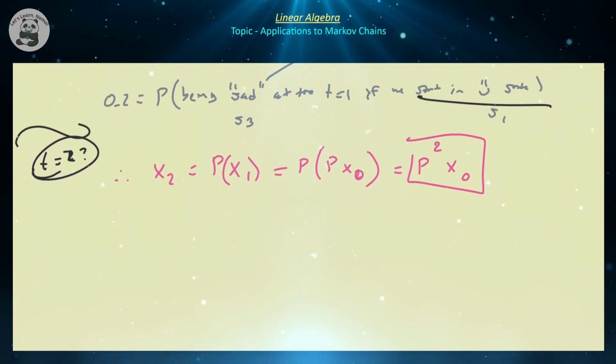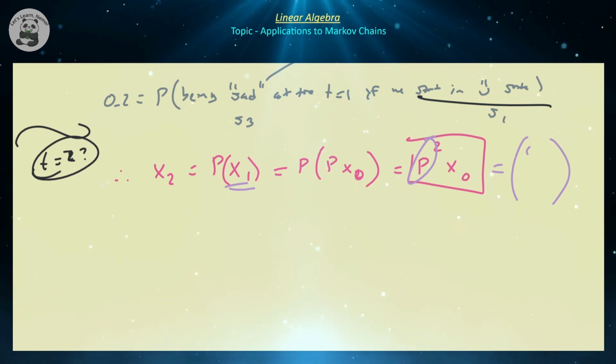If we do that multiplication out, we can either multiply p by x1 or calculate the matrix p squared and multiply it by x0. In either case, we get the same exact answer, which is 0.49, 0.34, and 0.17. So again, how do we interpret these numbers?